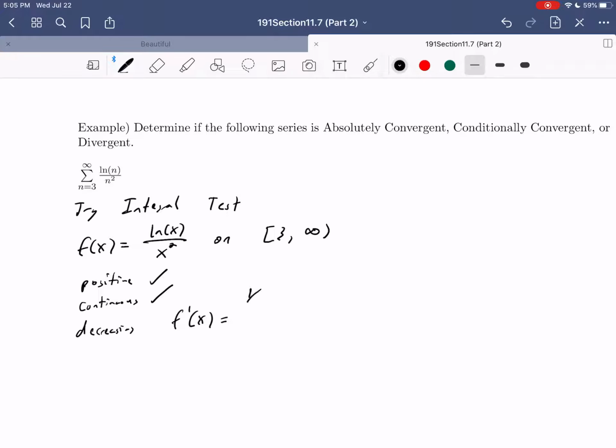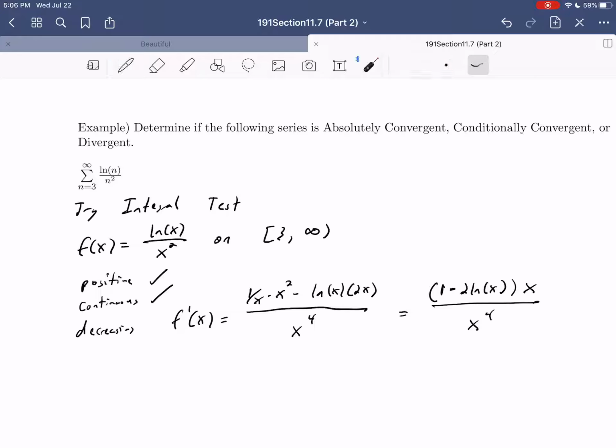We'd get 1 over x times x squared minus ln x times 2x, over x to the 4th. And if we simplify that, that's going to be x times (1 minus 2 ln x), over x to the 4th. Now, I could simplify it further, I suppose, by canceling out, but I don't really care about that.